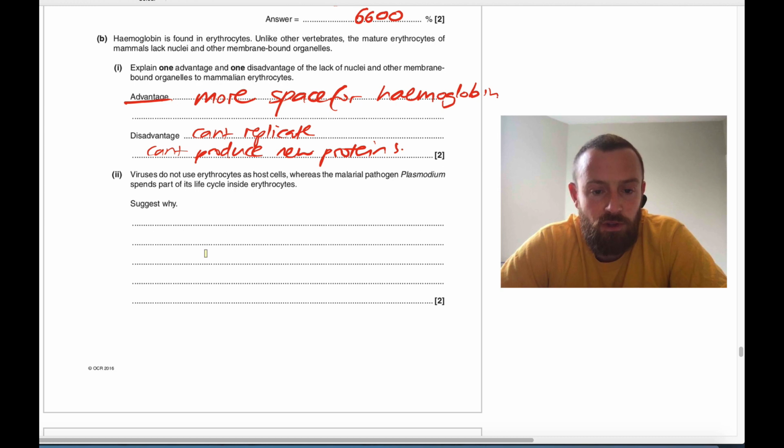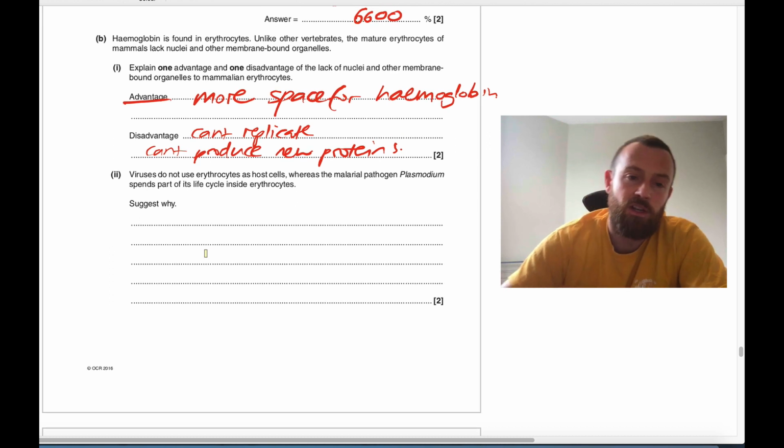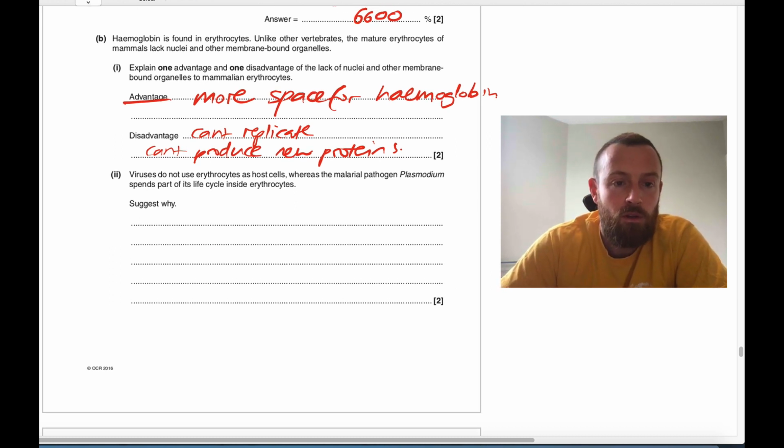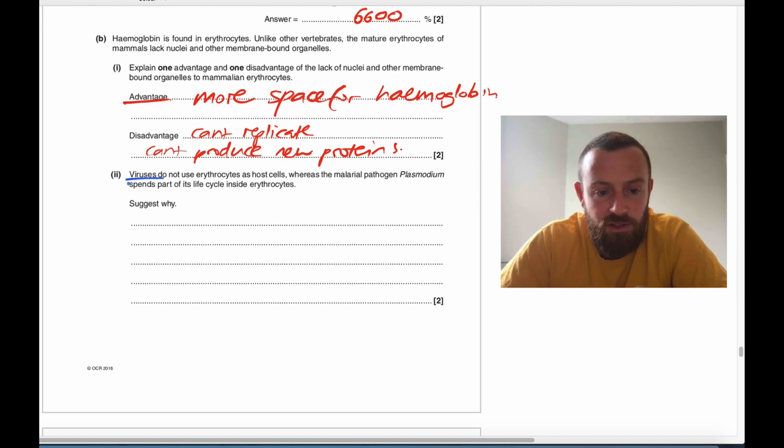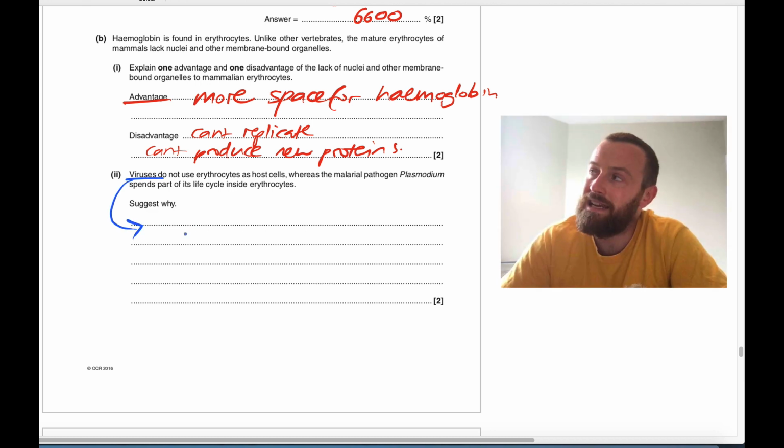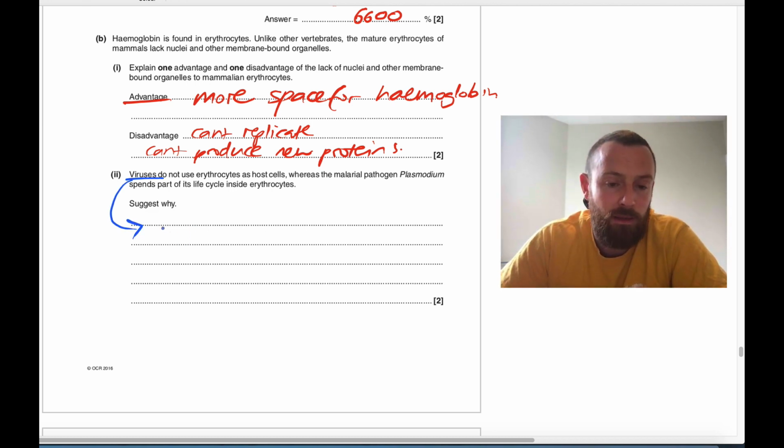Viruses do not use erythrocytes as host cells, whereas the malarial pathogen Plasmodium spends part of its life cycle inside erythrocytes. Okay, well, let's kind of think about this. Well, what do viruses need? Well, viruses need machinery to copy themselves. They need things like DNA polymerase, RNA polymerase. They need ribosomes.